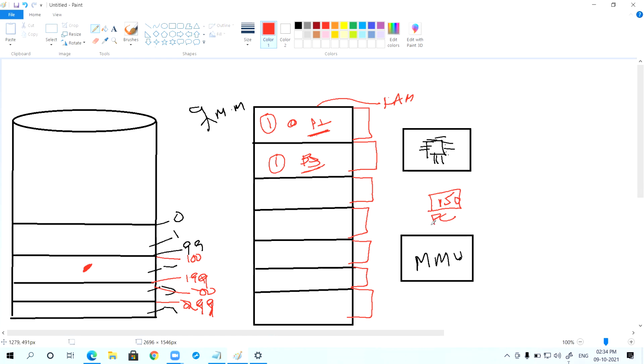So what will the MMU do? It will convert that virtual address, the logical address, into the physical address.